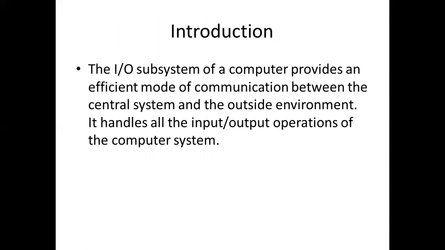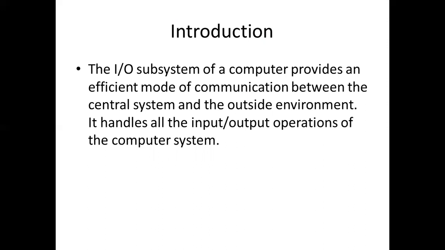When you're talking about the central system, we mean the RAM and the CPU, including the memories. Okay, so we are looking at the RAM, memory, and the CPU. That is the central system. Now it provides the communication between those ones and the outside environment.